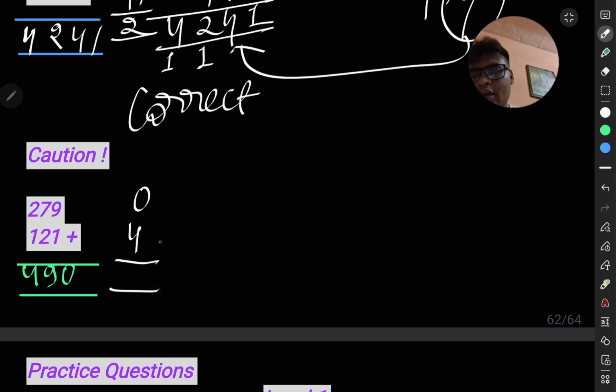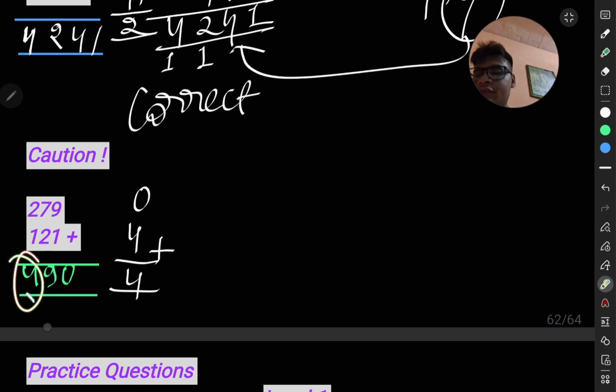Now we have to add these answers: 0 plus 4 will be 4. And the answer is given in the question. Here is 490. Here a 9 is available, and 9 will be cast out.